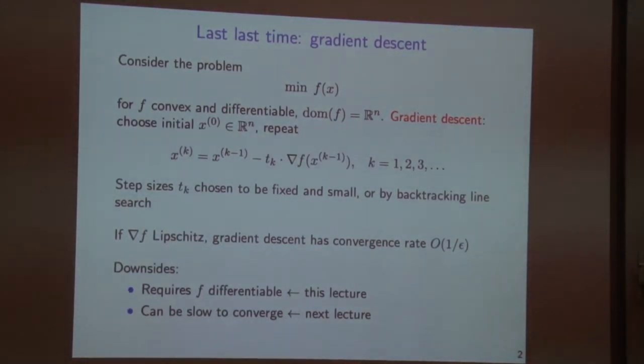So what were the downsides? The first is that it requires f to be differentiable. We're going to overcome that this lecture by using subgradients. The second downside is that it can be slow to converge. You may need many iterations to get within a good distance of the optimal criterion value. We're going to talk about that next lecture.